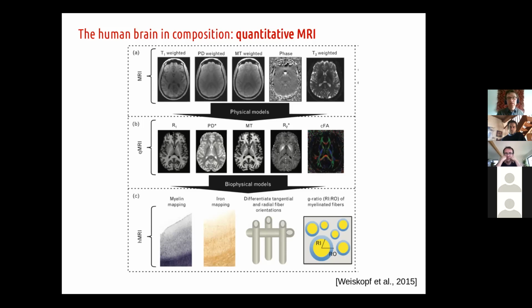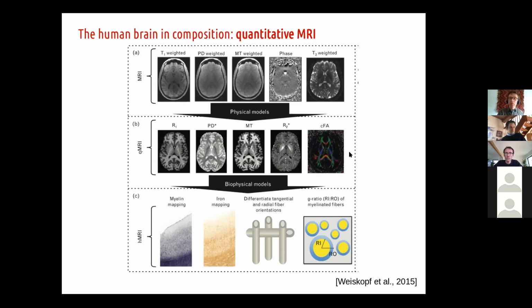So here you get the relaxation times, proton density, magnetization transfer time, the second relaxation time. And here, if you have diffusion, you can also look at things like anisotropy or diffusivity.